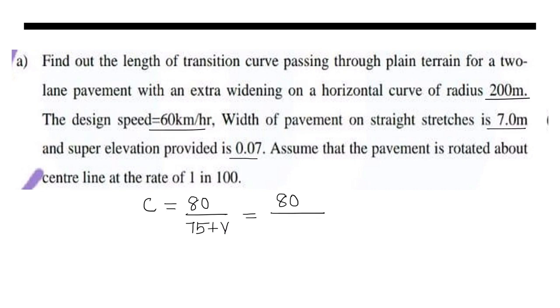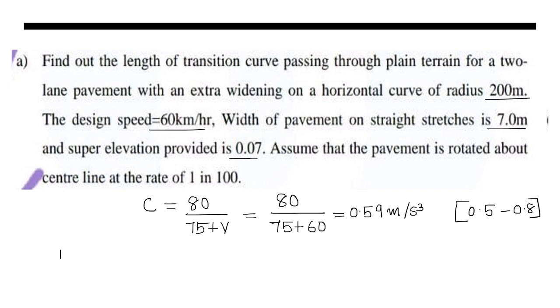Here C is equal to 80 divided by 75 plus V, that is 60, is equal to 0.59 meter per second cube. And the value of C should be between 0.5 to 0.8, hence it is satisfying the criteria.